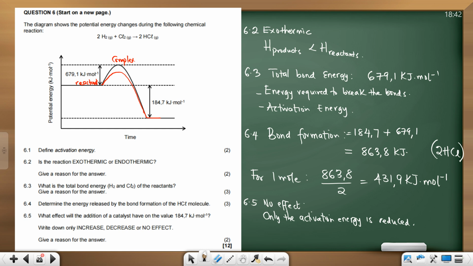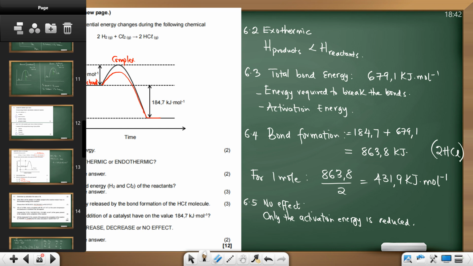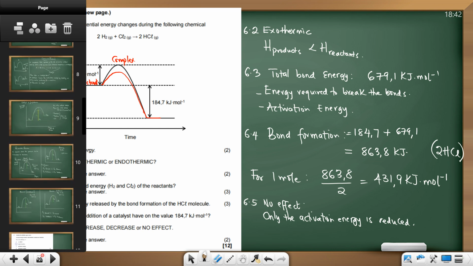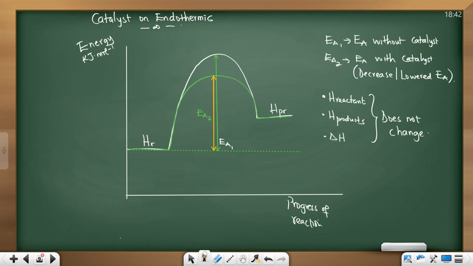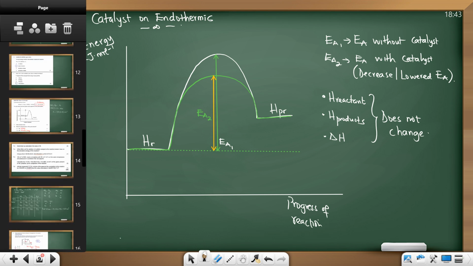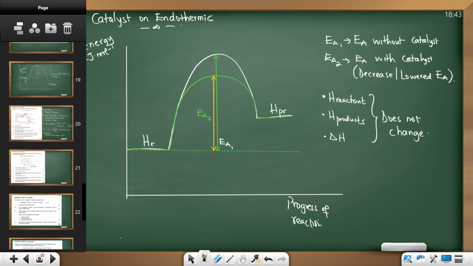Even delta H is not tampered with. I remember giving you that. Let's see, just for confirmation. There we go. Heat of reactant, heat of product, delta H does not change. So the note is enough ammunition to assist you.